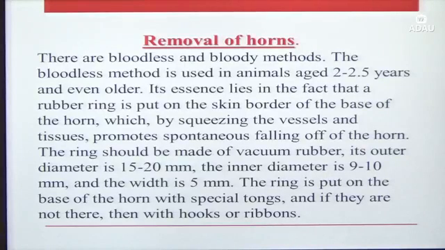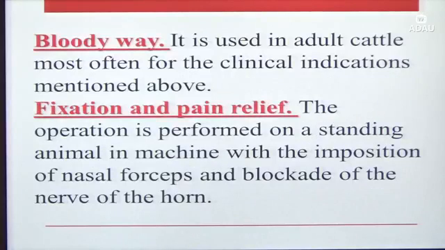The ring is put on the base of the horn with special forceps, special tongs, and if we do not have special tongs, we can use a special hook. We can also use ribbons.